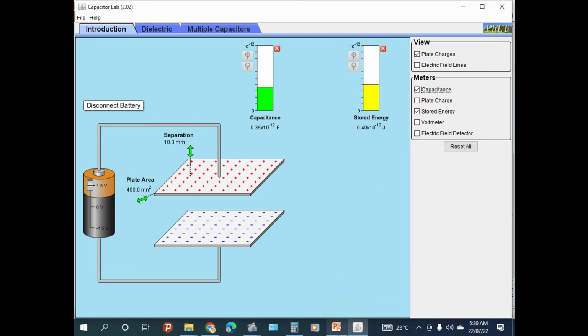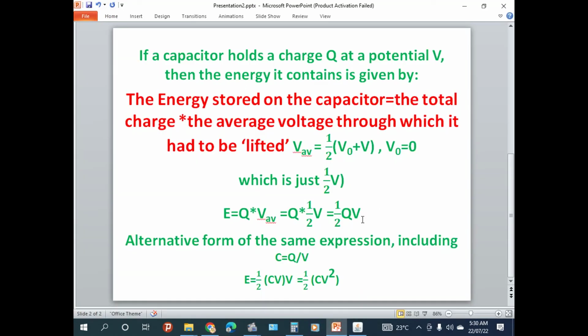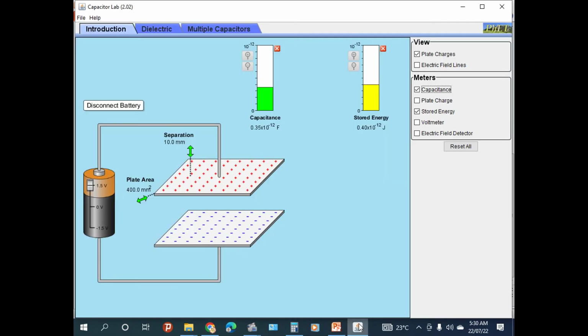And energy is equal to half of Q times V. So what is Q?